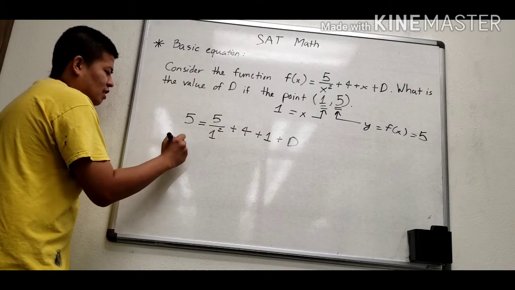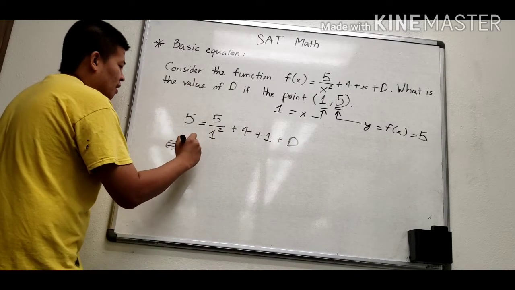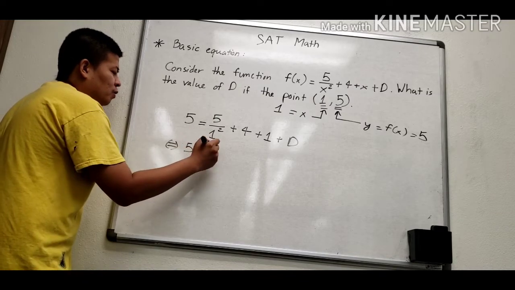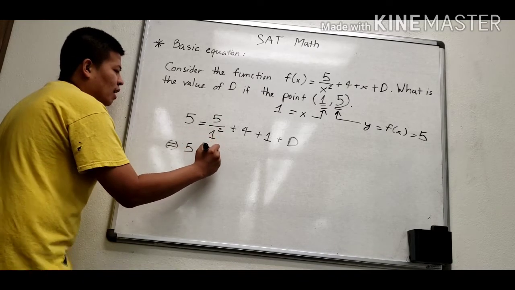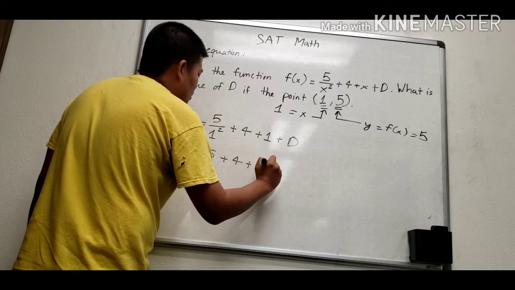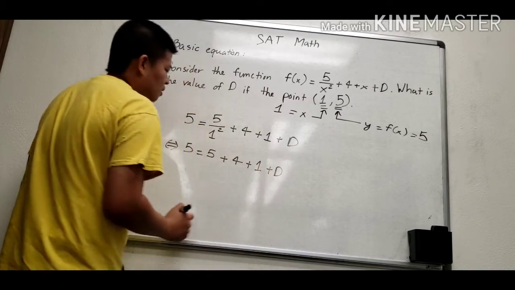So that is the basic thing. Just calculate down. 5 divided by 1 power 2 is still 5. 4 plus 1 plus d.